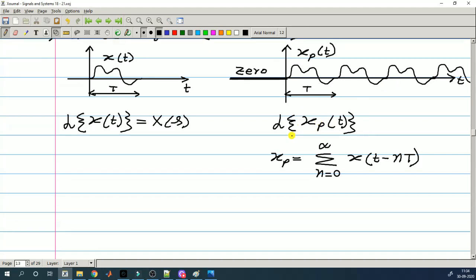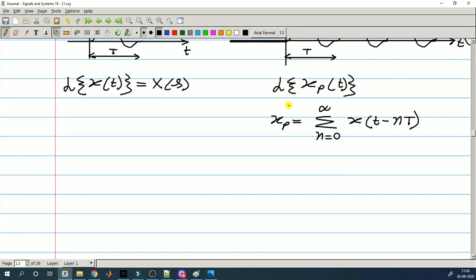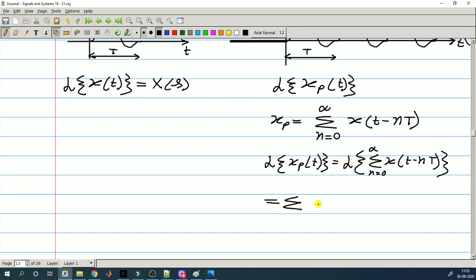So therefore, this Laplace transform of x_p(t) is equal to Laplace transform of the sum over x(t minus nT), n from 0 to infinity, which because of the linearity of Laplace transform can be written as sum over n equal to 0 to infinity Laplace transform of x(t minus nT).